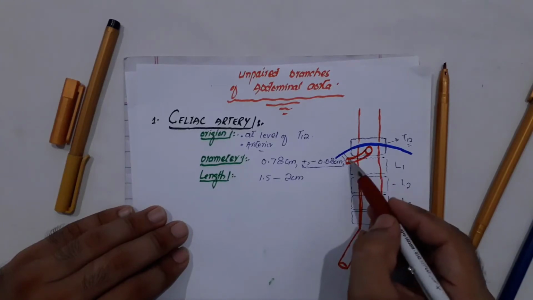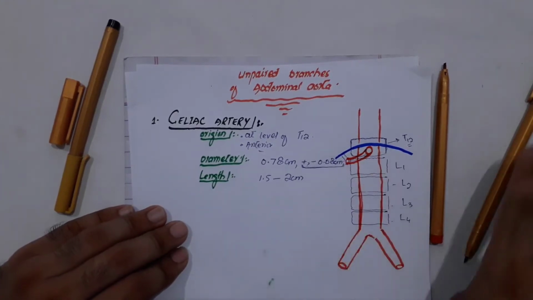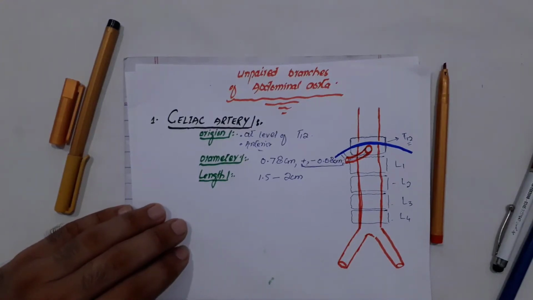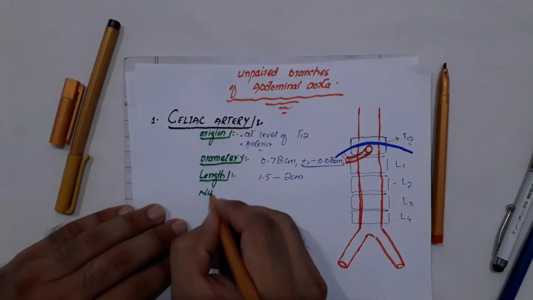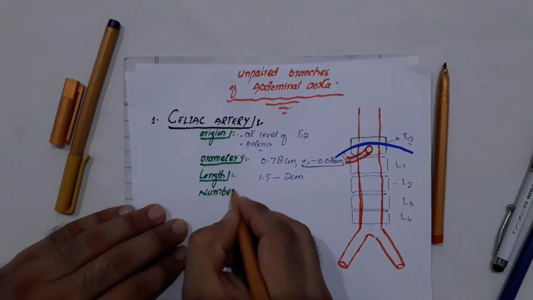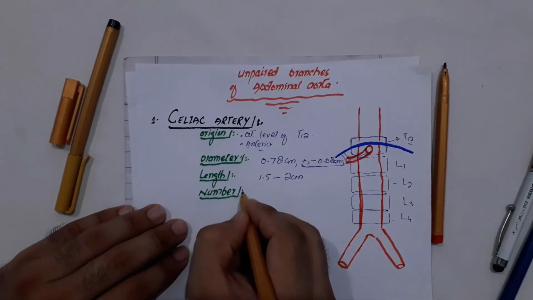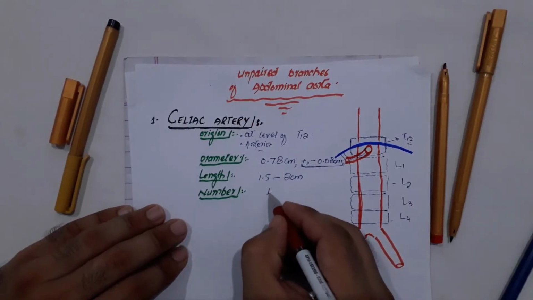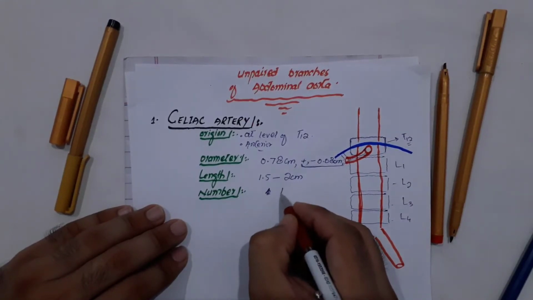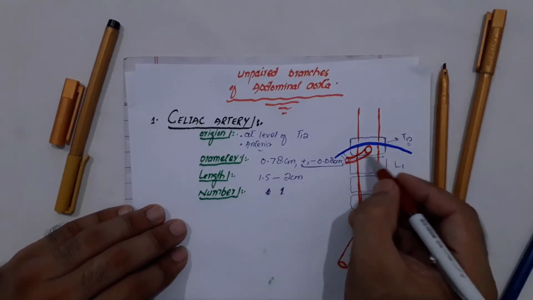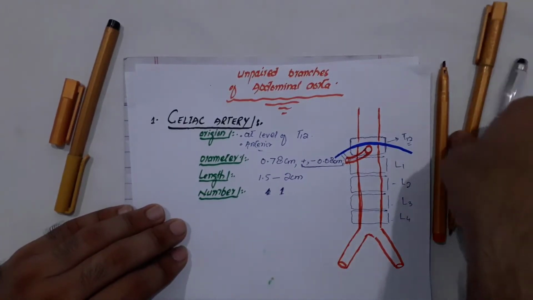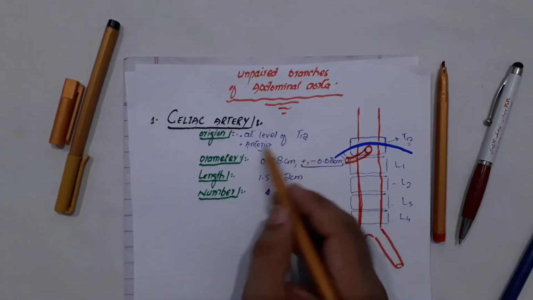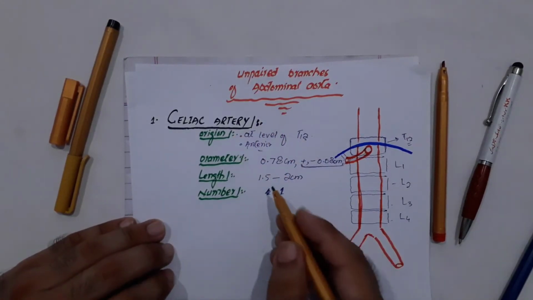Then, how many celiac trunks or celiac arteries do we have? As it is an unpaired branch, we have one celiac artery arising from the anterior of the abdominal aorta at the level of T12.